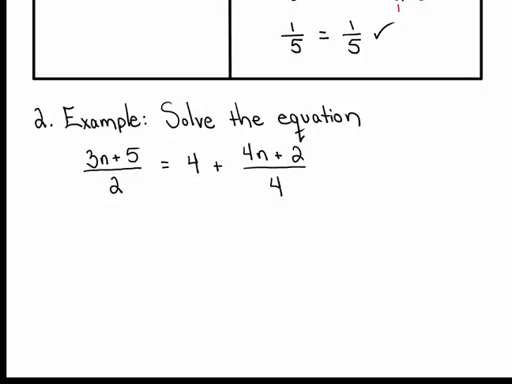Okay, so looking at this equation and looking at all of the denominators here, I can tell that my LCD is going to be 4. But I'm going to write out the step right here, find the LCD.